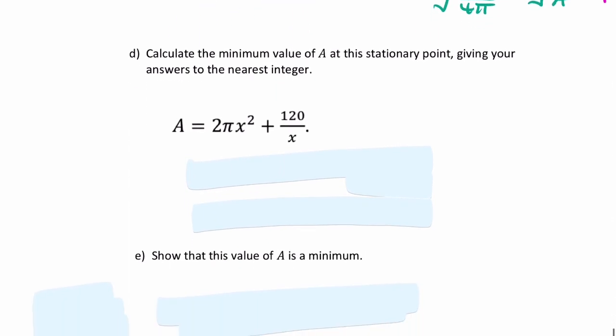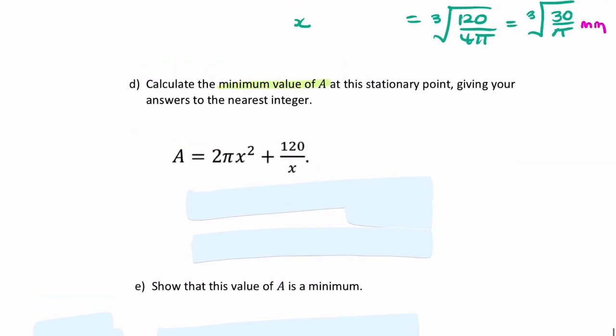They then said, calculate the minimum value of A. So using our expression from earlier, we can simply take the value of x that we just found and substitute that here and here. And if you do put it in your calculator, you'll find that this is 2.12 millimeters.